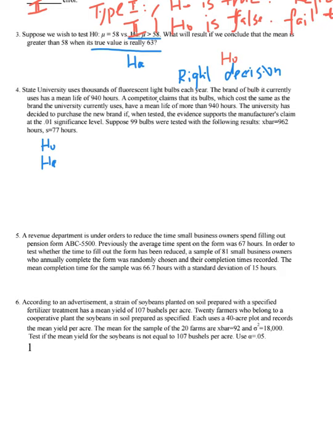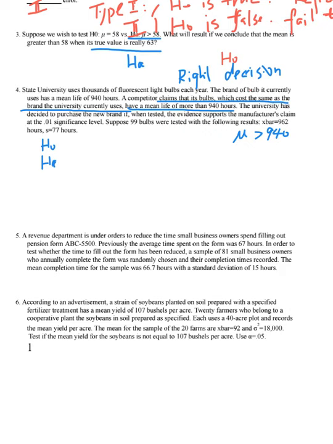The claim is isotopes which cost the same as the brand the university currently uses have a mean life more than 940 hours. So the claim is the mean life, so the average life, more than 940.